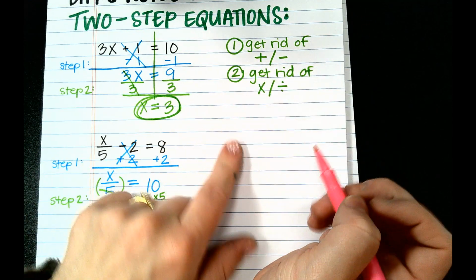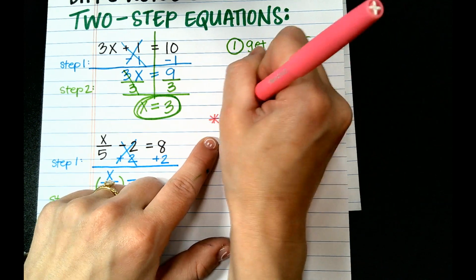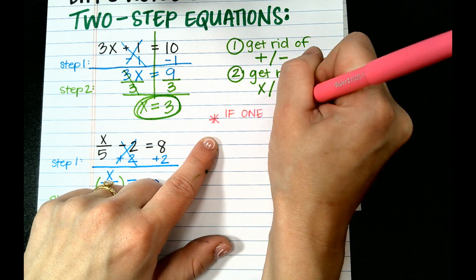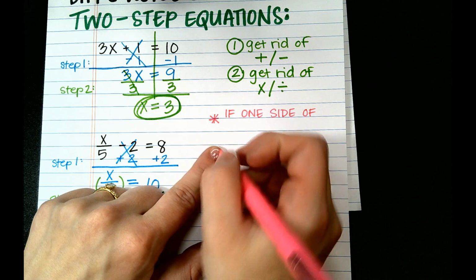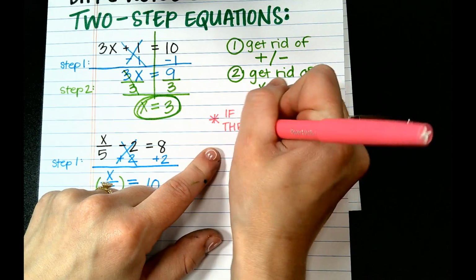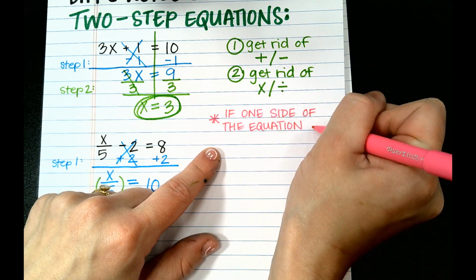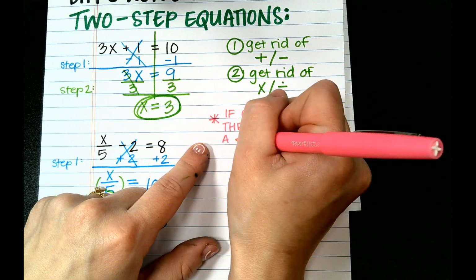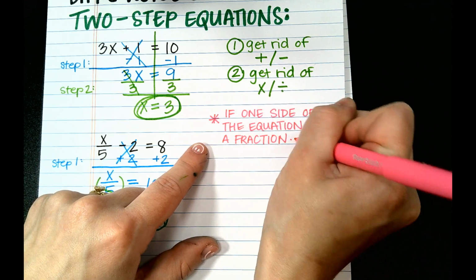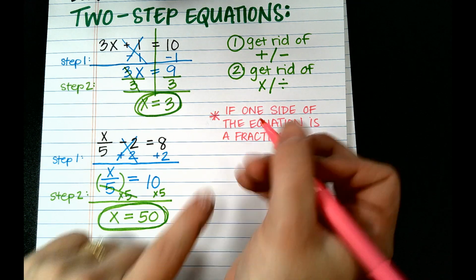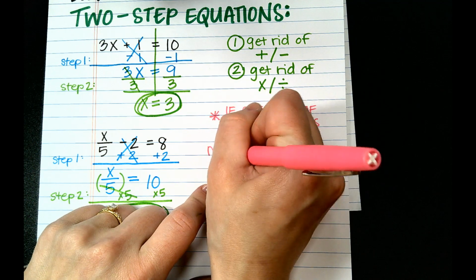So these are your normal first two steps, but if one side of the equation is a fraction, multiply first to get rid of that fraction.